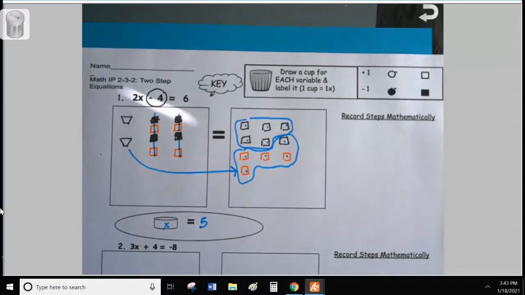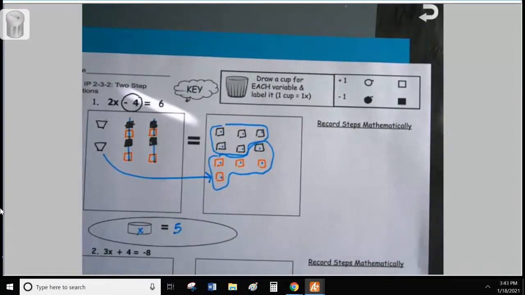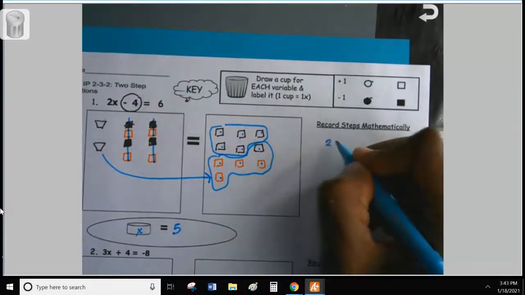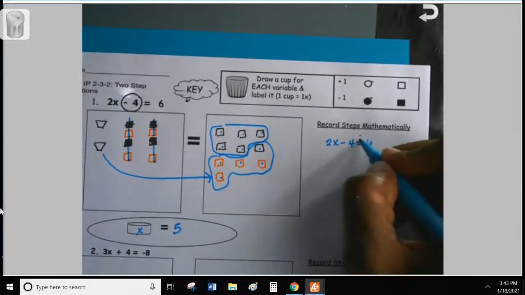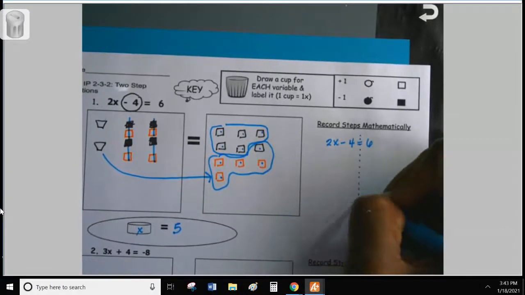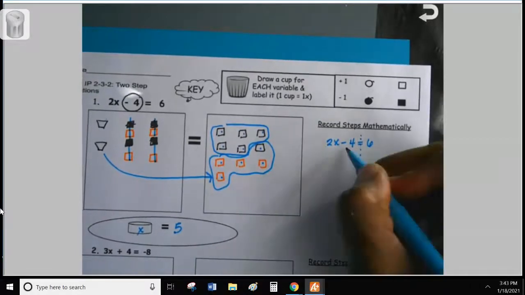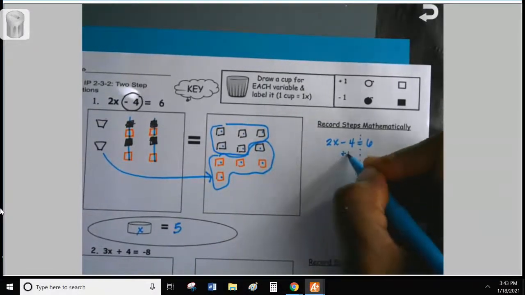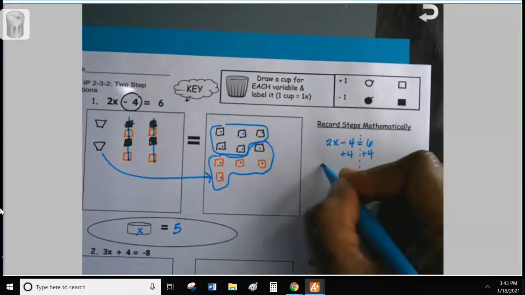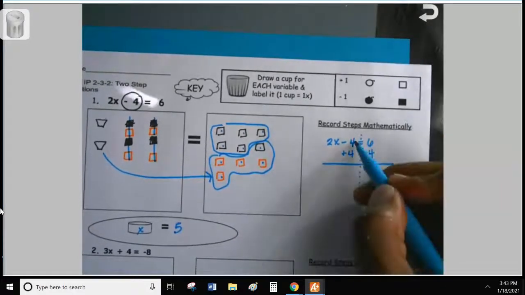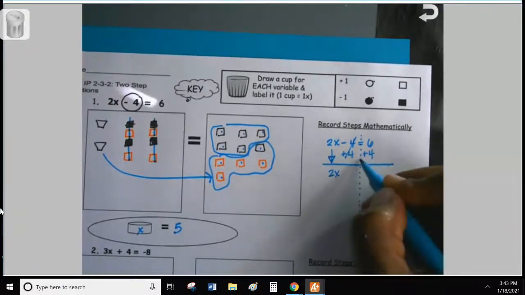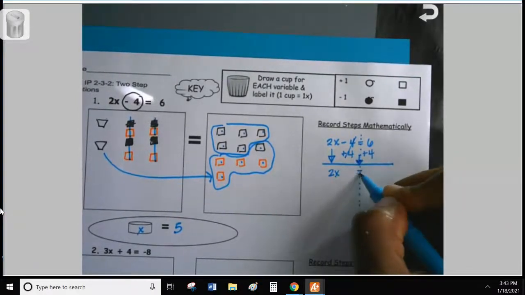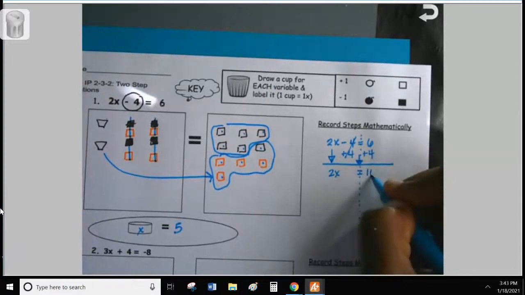So let's write these steps numerically on the side. What would I do? 2x minus 4 equals 6. Remember, I'm going to draw my dotted line, make my 2 sides. I want to get rid of the negative 4 by adding 4 to both sides. These 4's cancel out. I bring down my 2x. I bring down my equal sign. 6 plus 4 is 10.